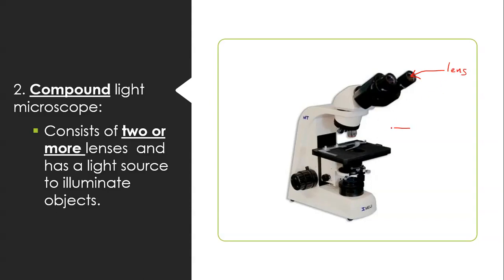And then we have a lens down here as well. And the light source is down here. And this would be either battery operated, or you would plug this into an outlet and it would have a light bulb in there, and the light would shine up and illuminate your object that you're looking at. And then the lenses together would add their magnifying power to magnify the image.